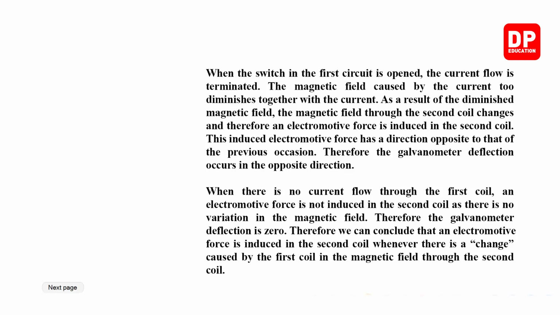When the switch in the first circuit is open, the current flow is terminated. The magnetic field caused by the current diminishes together with the current. As a result of the diminished magnetic field, the magnetic field through the second coil changes and therefore an electromotive force is induced in the second coil.